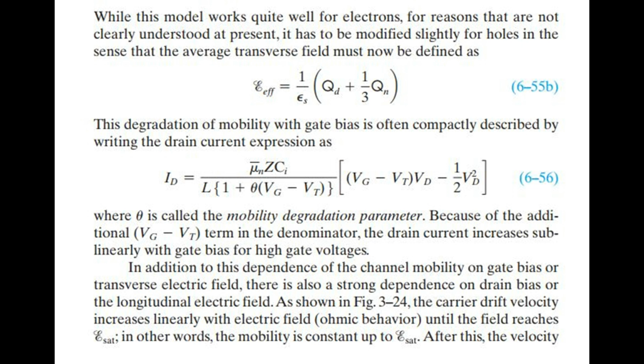In addition to this dependence of the channel mobility on gate bias or transverse electric field, there is also a strong dependence on drain bias or the longitudinal electric field. As shown in Fig 324, the carrier drift velocity increases linearly with electric field, ohmic behavior, until the field reaches E saturation. In other words, the mobility is constant up to E saturation.